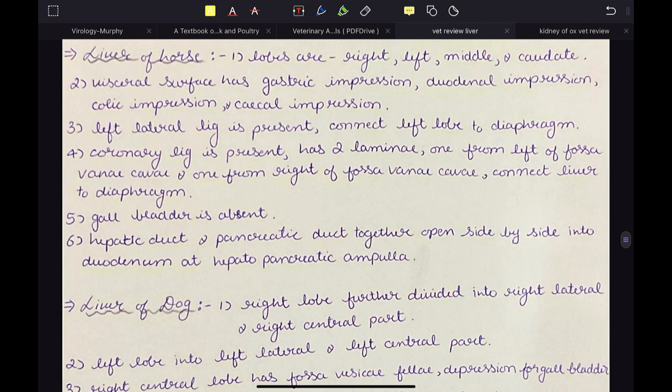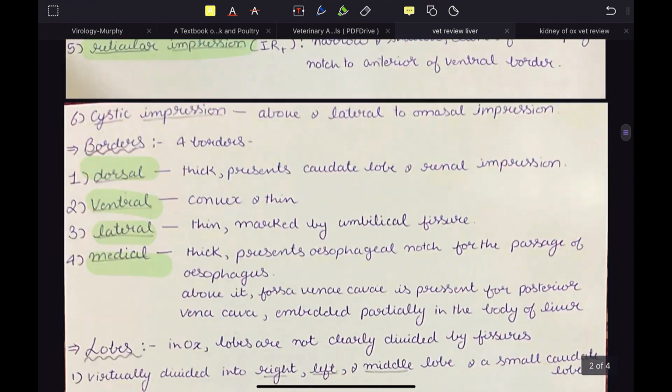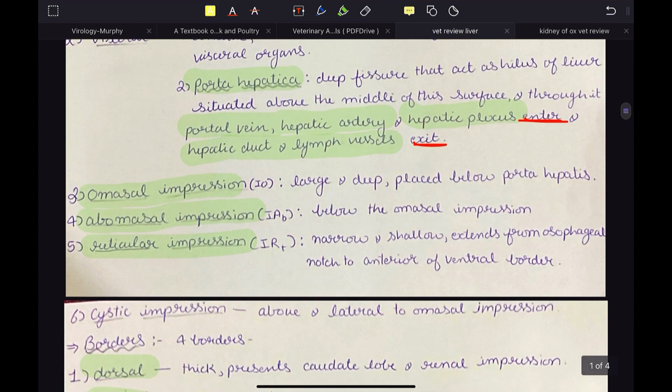The lobes are right, left, middle, and caudate, and unlike ox, the left lobe is further divided into two parts, lateral and medial. The visceral surface has gastric impression, duodenal impression, colic impression, and cecal impression. In case of ox, we said that there are some impressions, namely the omasal, abomasal, and reticular impression.